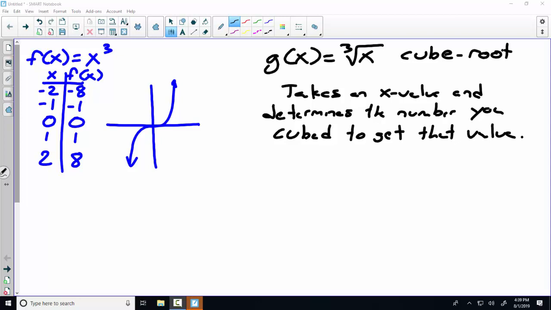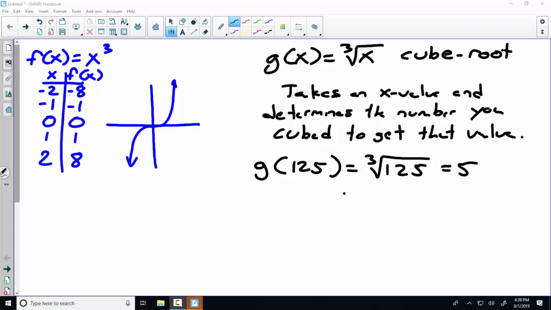For instance, if I put a 125 into this function, what it's actually asking me is, what number did you just multiply by itself 3 times to get 125? So the cube root of 125 is 5. And you justify that to people by saying because 5 times 5 times 5 is 125. So it truly is the opposite of the x cubed function.